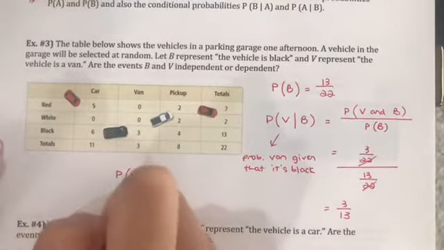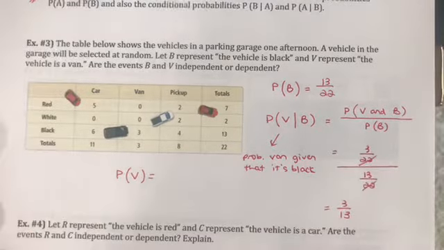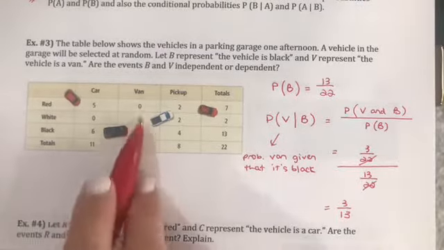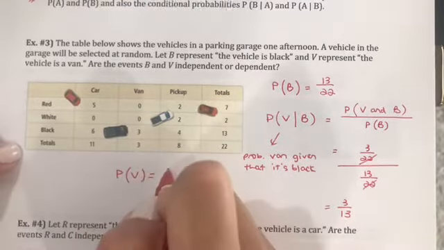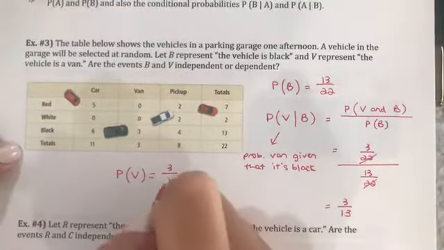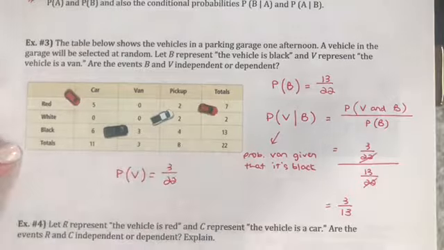Is it the same as the probability of just the van? The probability of just a van is 3 out of 22, because we have 3 vans out of 22 total.